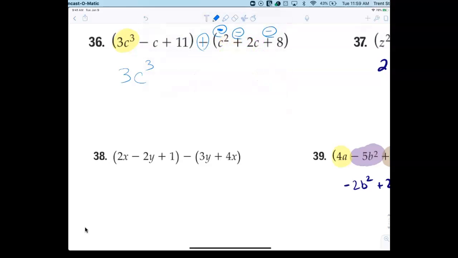All right, so now what? Minus c squared. Perfect. Plus c. Yes, that's good. And then what?